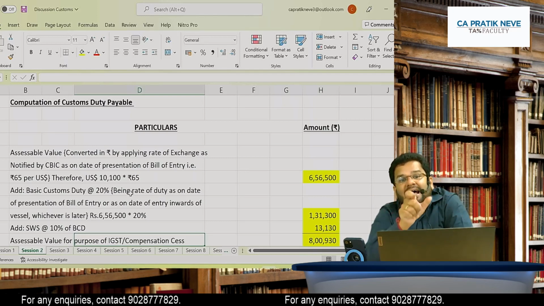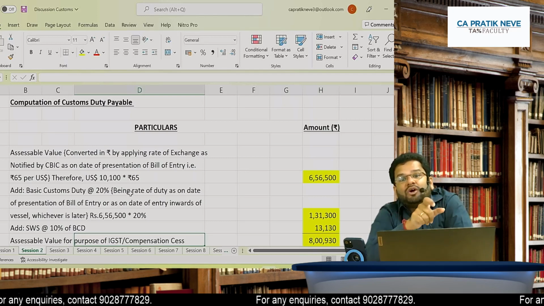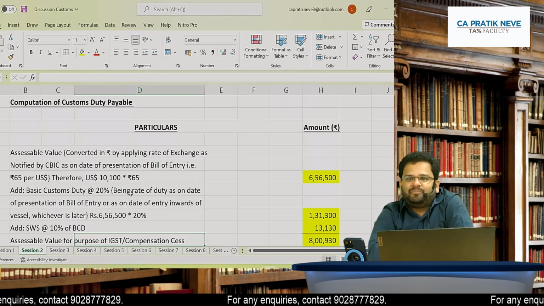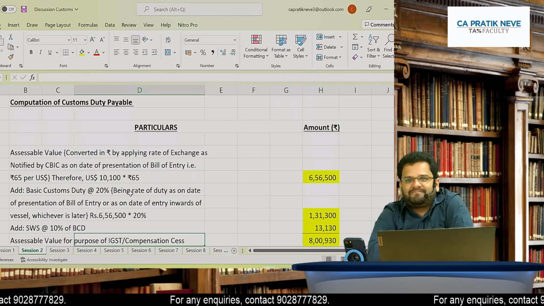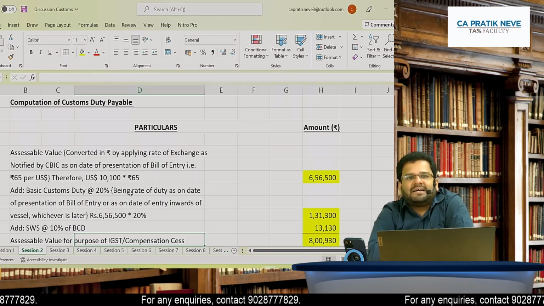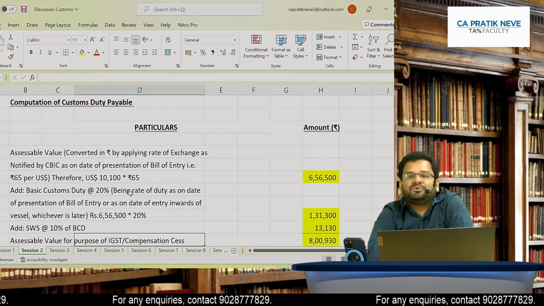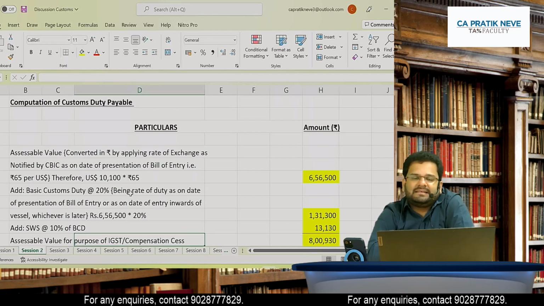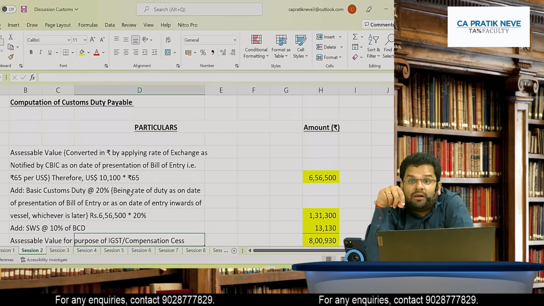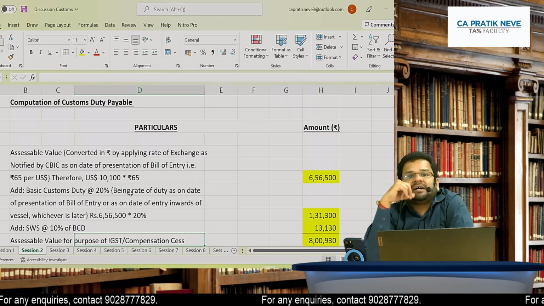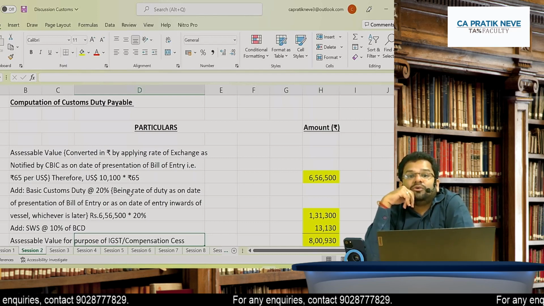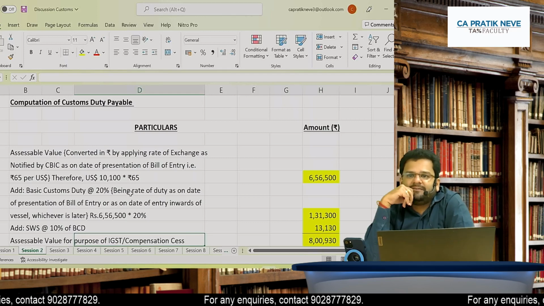Then you will get the assessable value for levy of IGST, and on that you will charge IGST, right? IGST is also additional customs duty. Yes, that you will charge, and if at all there is a compensation cess, that also will be chargeable on the assessable value for levy of IGST.